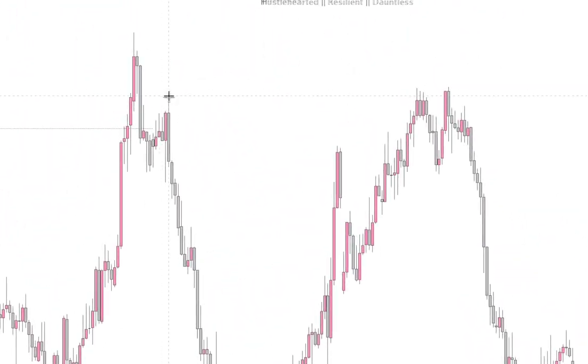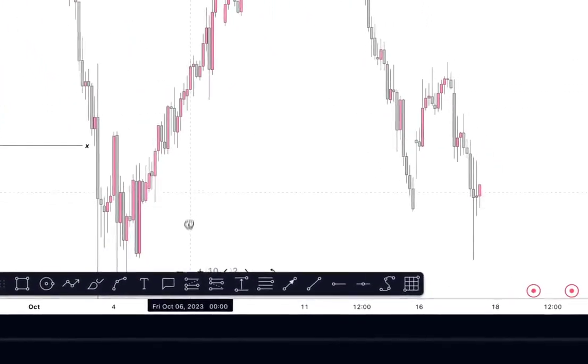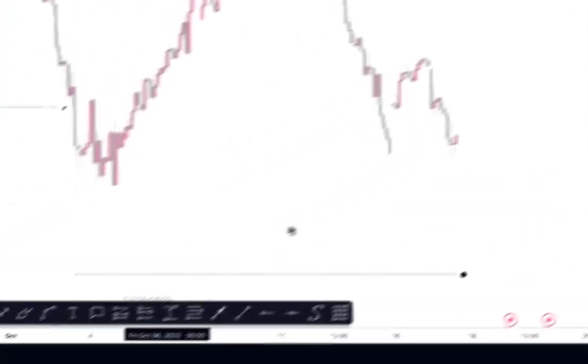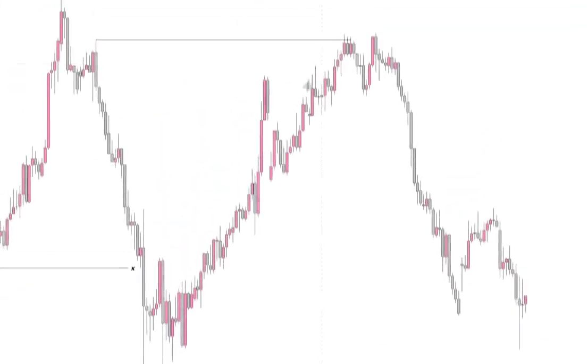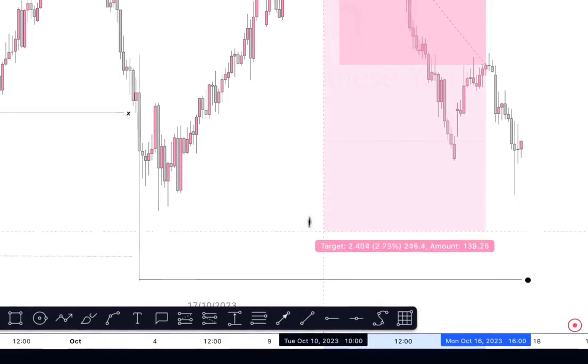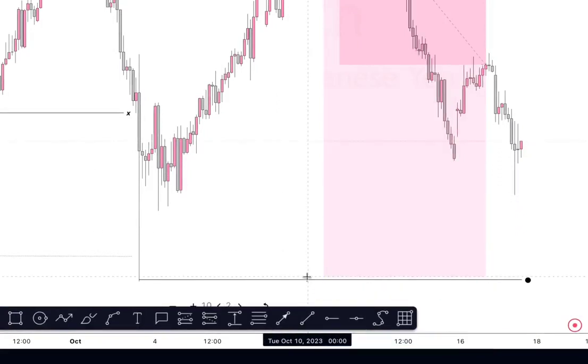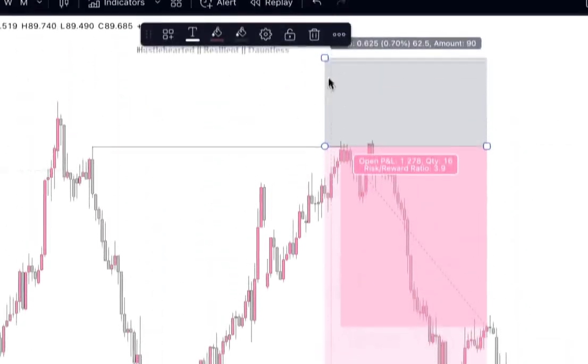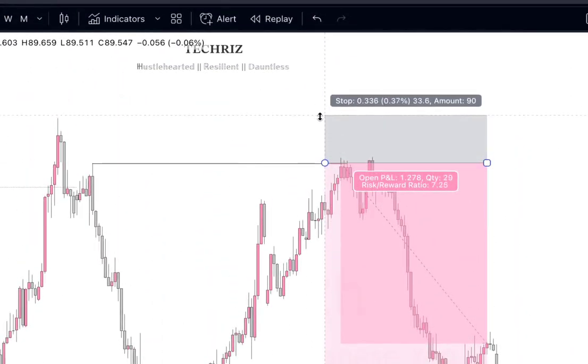So I marked out the inducements, and then if you're going to actually short from that particular inducement level, now your position should be something like this, where your entry is on the inducement line, your target is on this particular level or before it, whichever one, right? And then your SL is above this high.